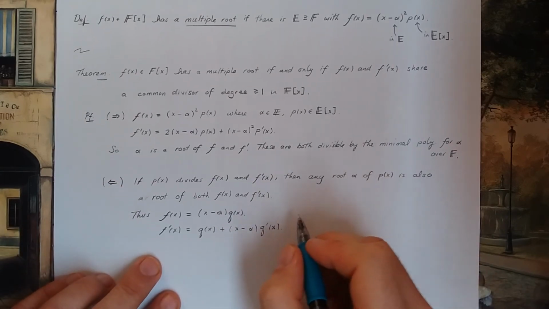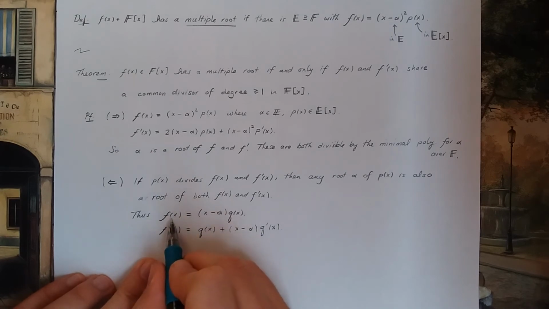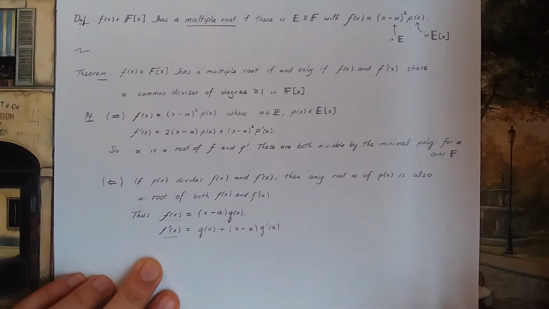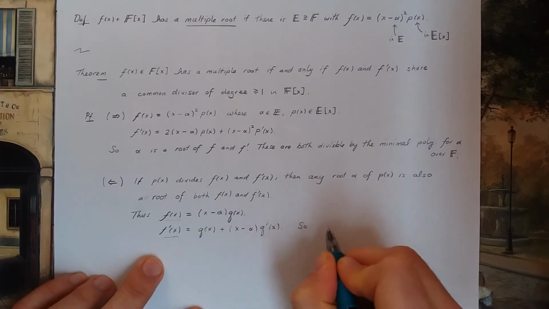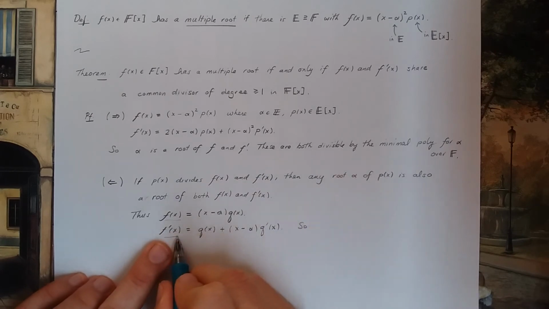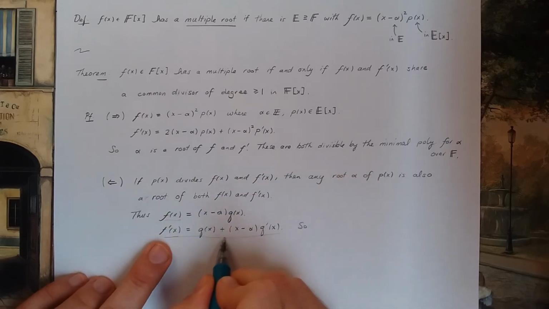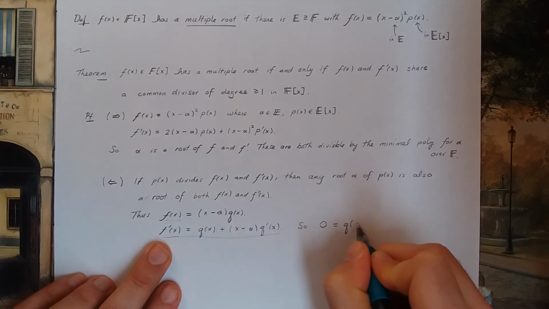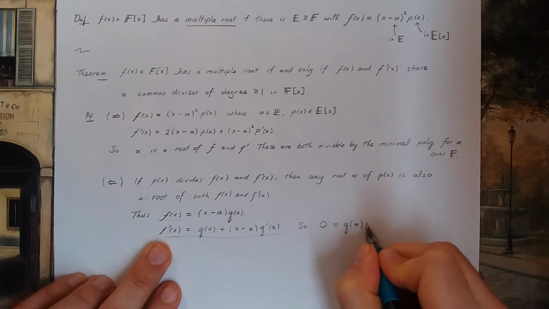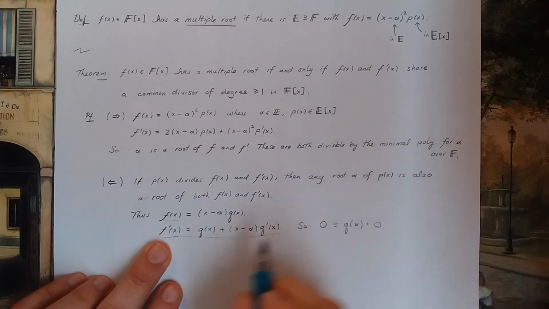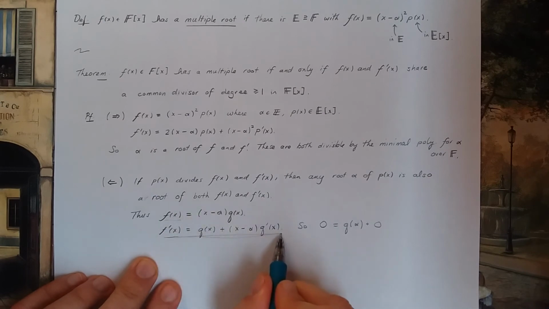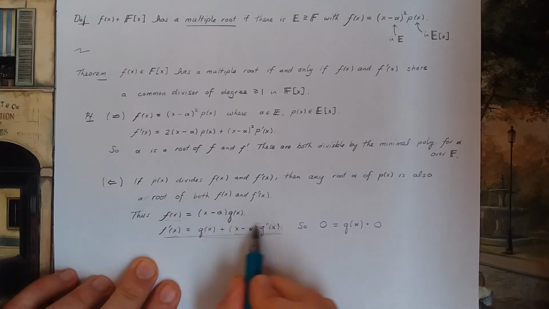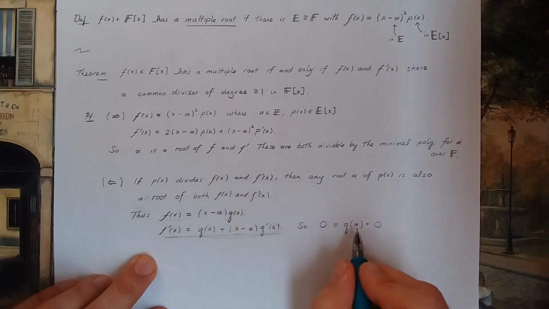So alpha is a root of f, and alpha is a root of f prime. So if I look at evaluating this polynomial at alpha, I should get 0. 0 should be q of alpha plus 0. So I took this derivative and evaluated at alpha. Alpha is a root, so this term is 0. So therefore, alpha is a root of q.